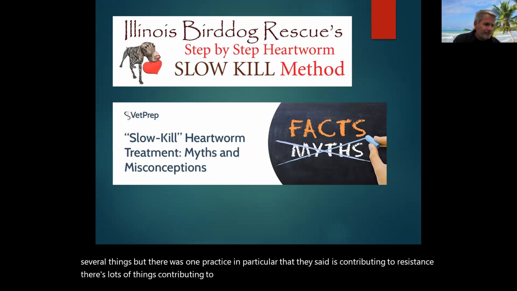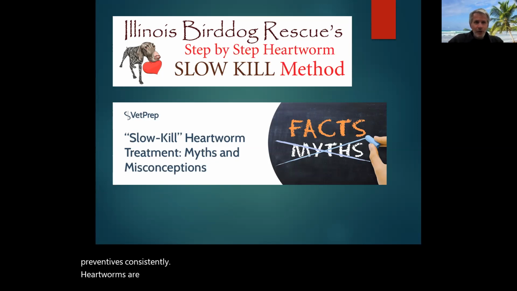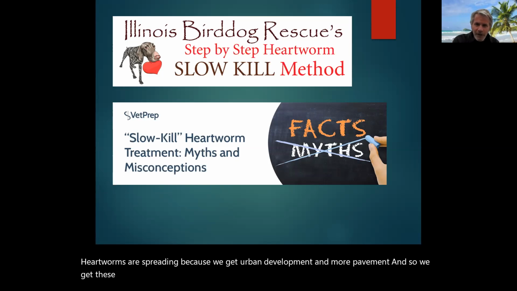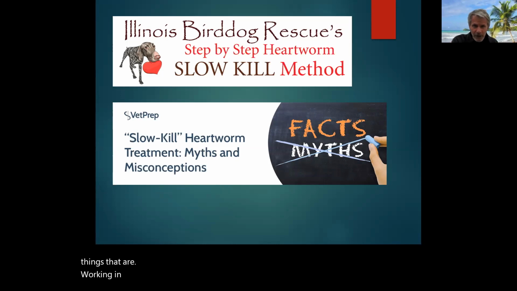People not giving the heartworm preventives consistently. Heartworms are spreading because we get urban development and more pavement, and so we get these warmer suburban, urban areas. Summers maybe getting a little longer. So there are things that are working in the heartworm's favor.